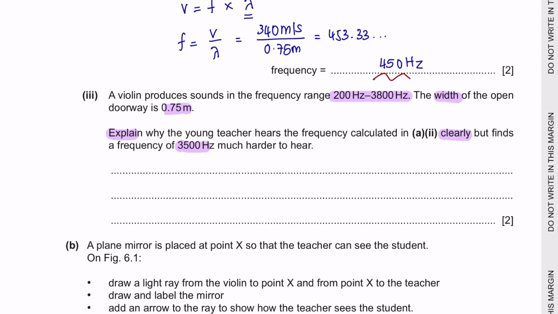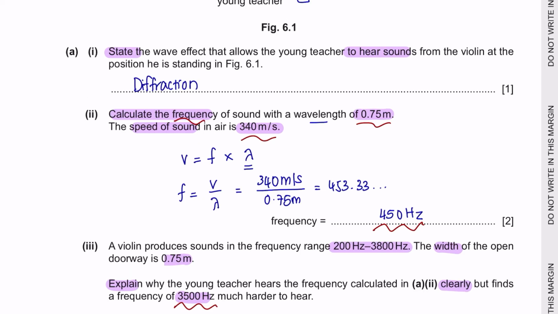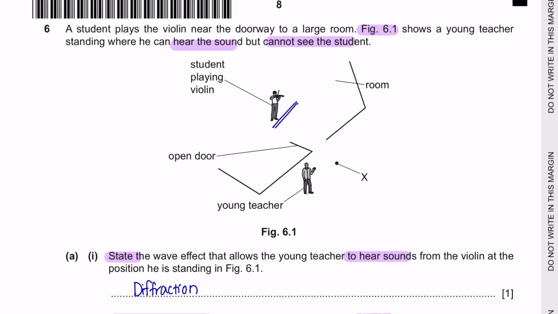The frequency calculated in A Part 2 is 450 Hz, and the one which is much harder to hear is 3500 Hz. Now, a higher frequency means the wavelengths are closer to each other. So if the wavelengths are small in comparison with the size of the gap, which is much larger than the wavelength, it will cause the wave to diffract less. Therefore, it will be harder to reach the teacher in this position.